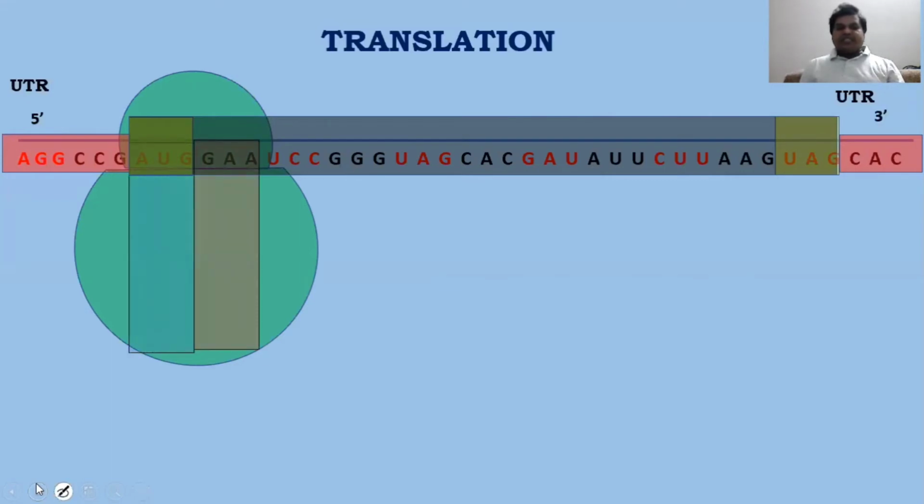Yes, these are referred to as A site, P site, and E site, as shown in the diagram. A is the amino acid site, P is the peptide site, and E is the exit site. Clear? This process of mRNA getting arranged in this fashion, we call the initiation process.